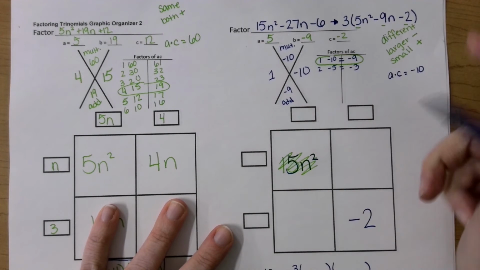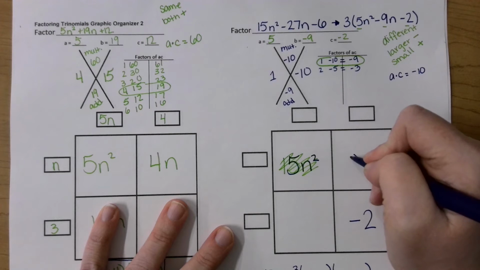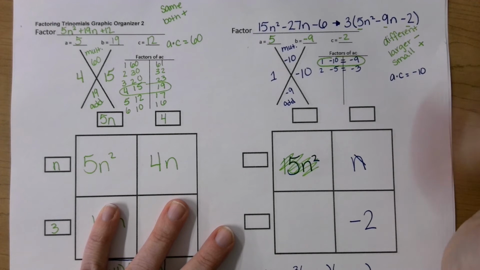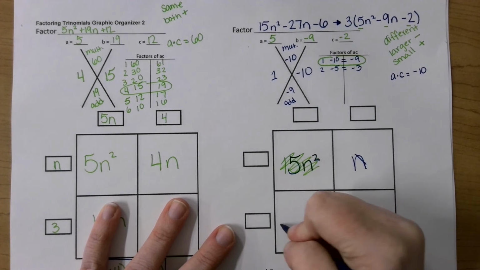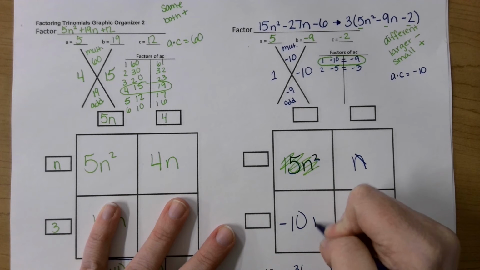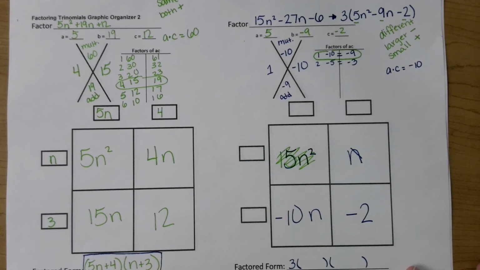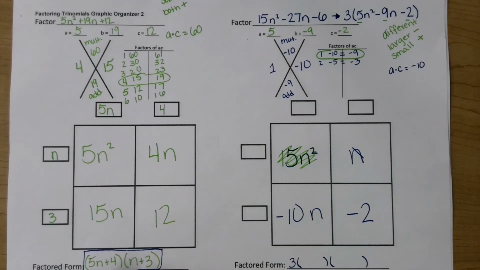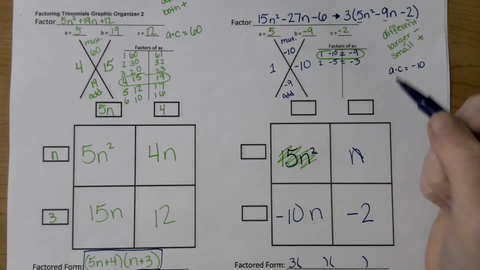And then we're going to use 1x, or I'm sorry, n, because we're using n's here, not x's. So 1n and -10n. Sorry, I know that's super messy. I lost my train of thought.